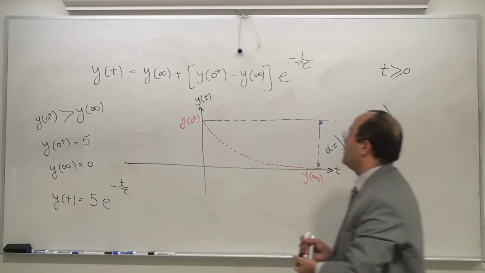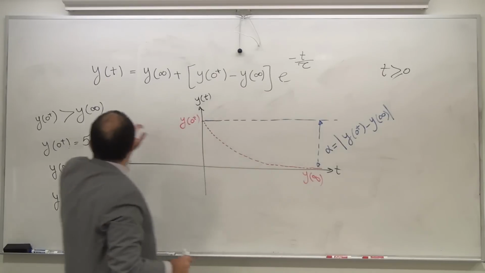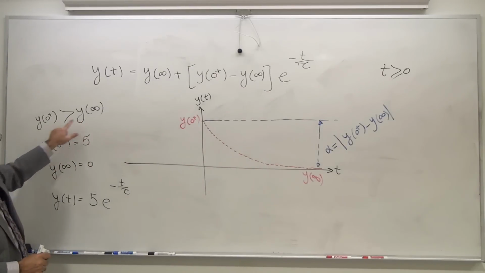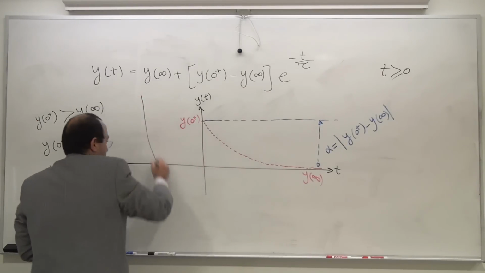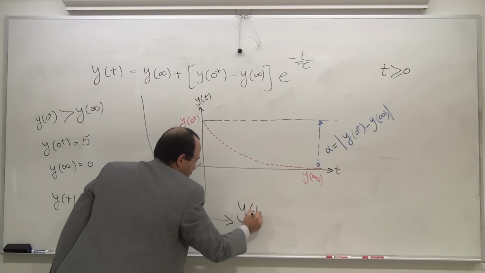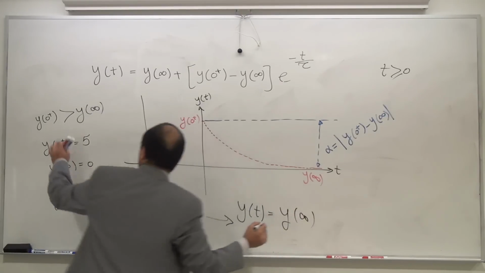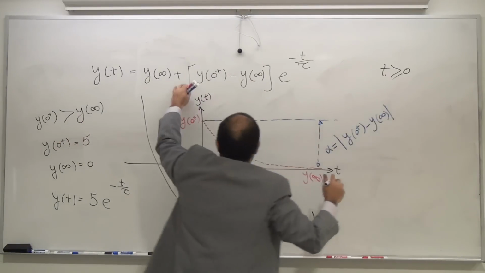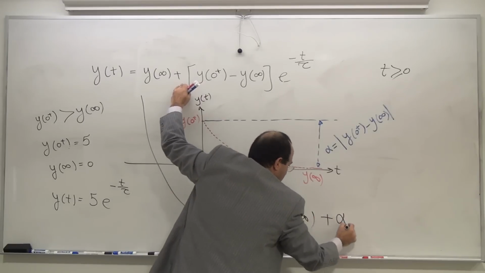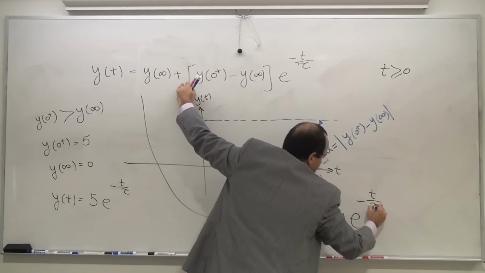This time, because y of 0 plus is more than y of infinity, that was my assumption, my y of t becomes, simplifying this, y of infinity plus alpha e to the power of minus t divided by tau. Remember this assumption, please. This is positive, and the number is also positive.